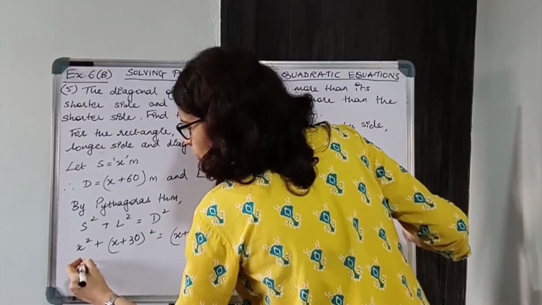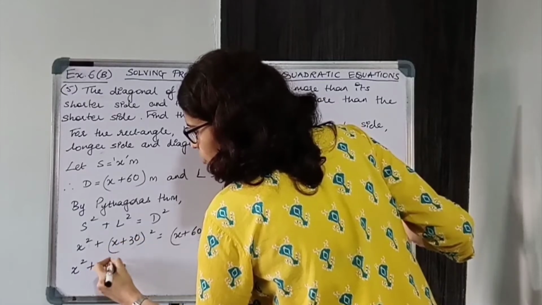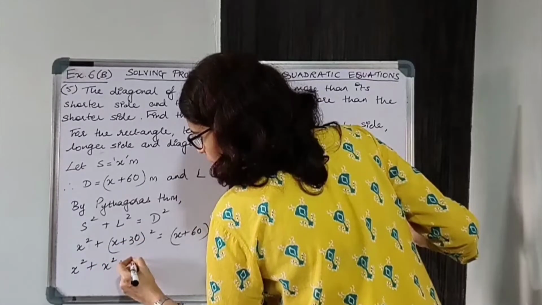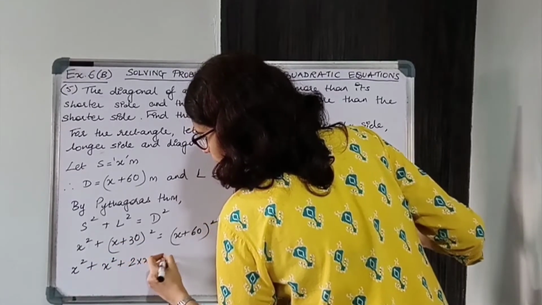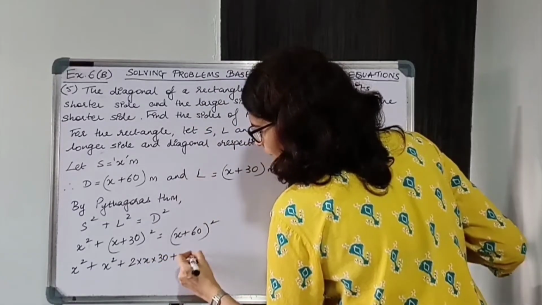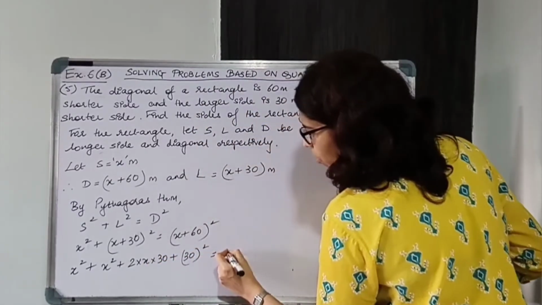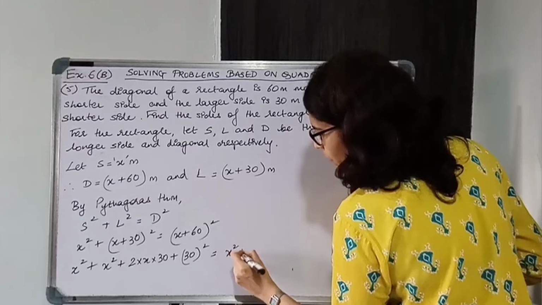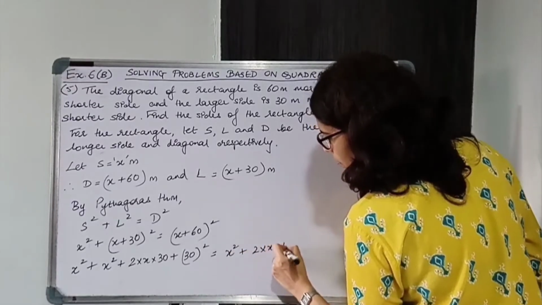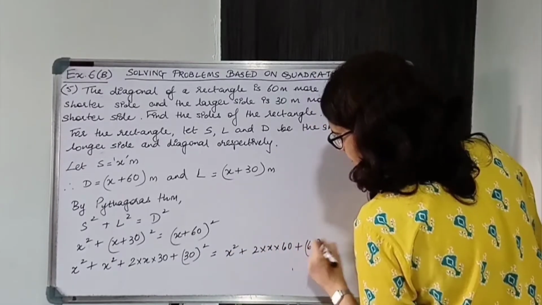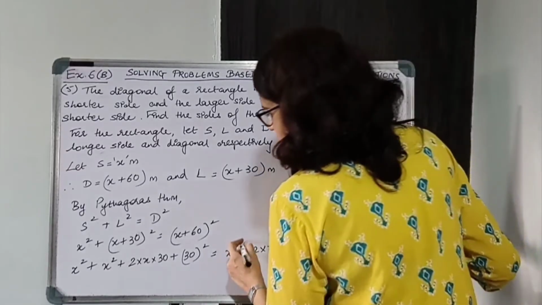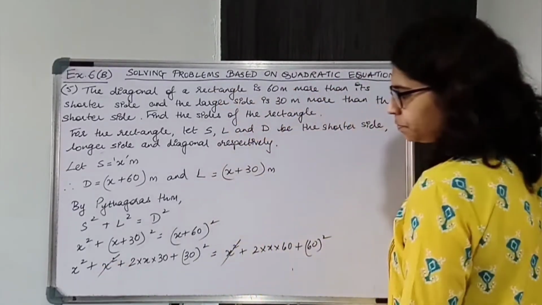So this is of the form a plus b the whole square. So a square plus 2ab plus b squared is equal to again a plus b the whole square. So a square plus 2ab plus b squared. So x square gets cancelled.